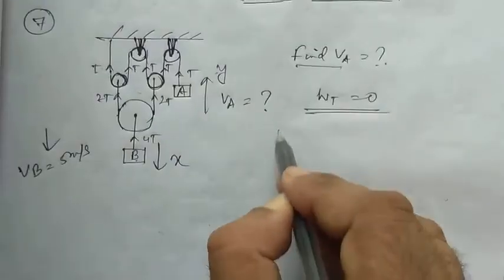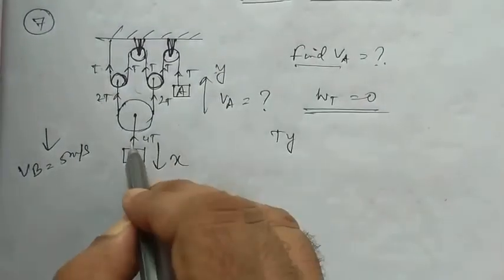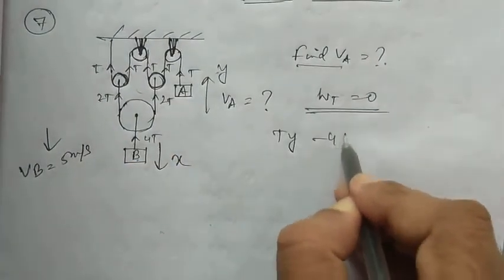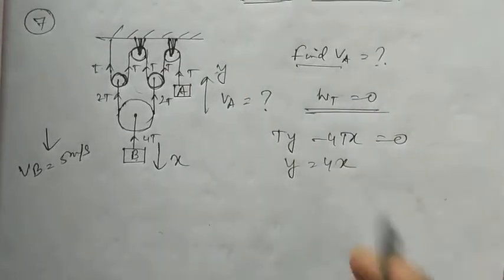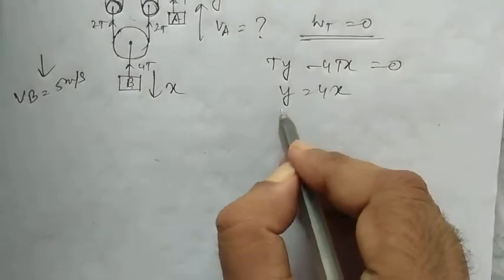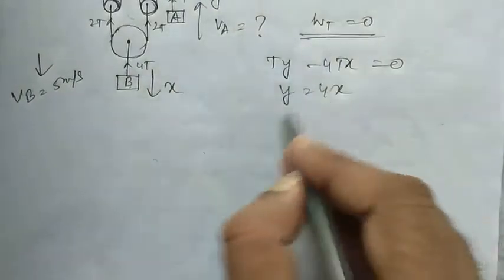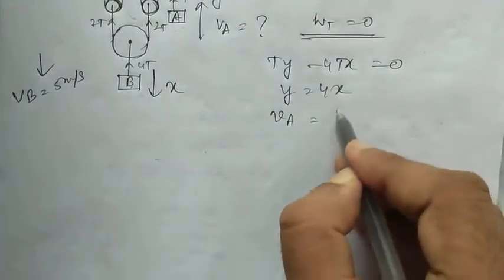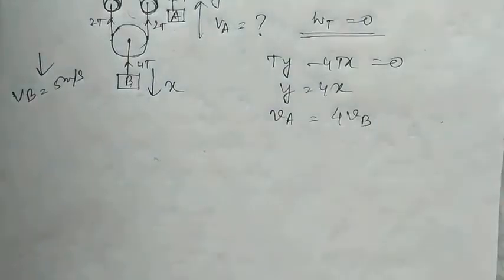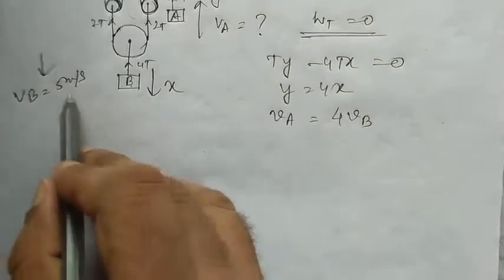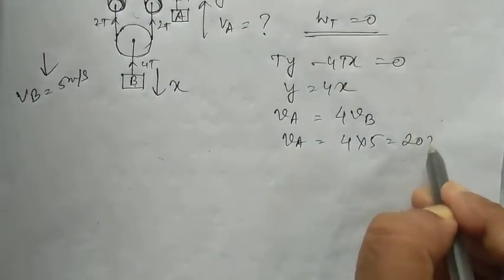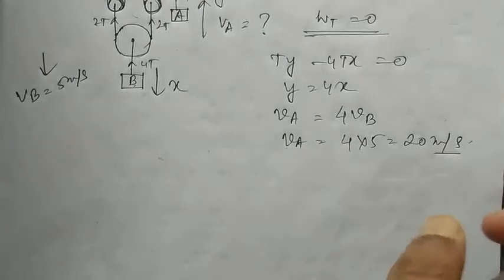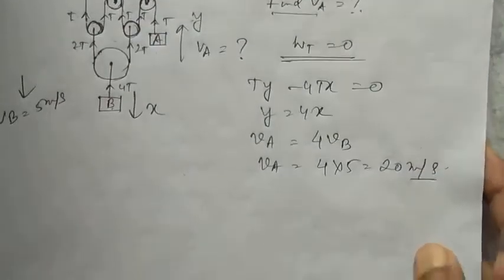So T and Y are in the same direction, so plus, and 4T and X in the opposite direction, so minus, is equal to 0. If we eliminate T, we get Y is equal to 4X. And now Y was for A, that means it is VA. Differentiating, we get VA is equal to 4VB. Now VB was 5, so VA was 4 into 5, that means 20 meters per second, and the direction is upwards.